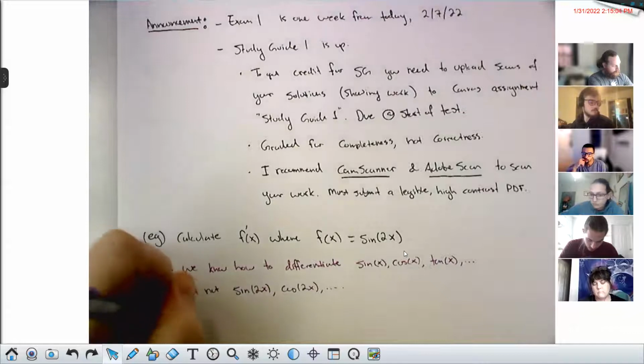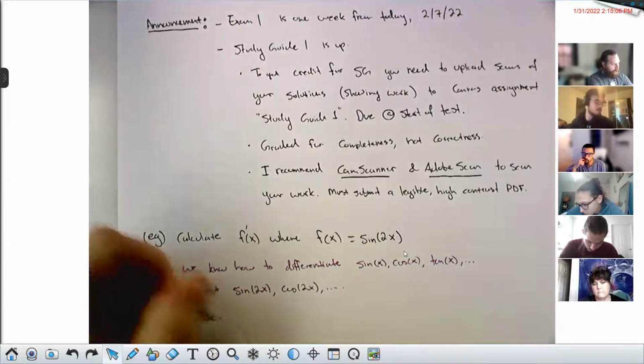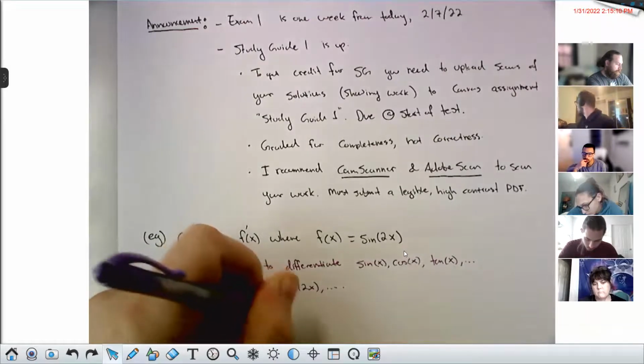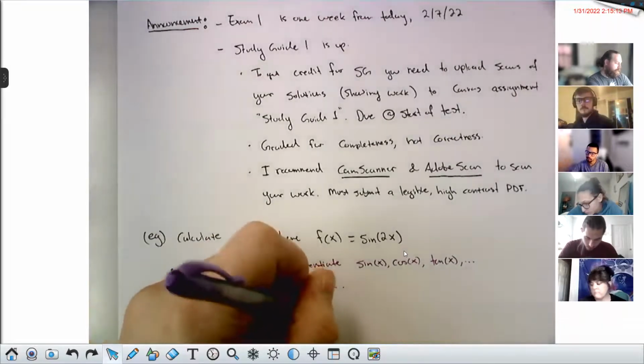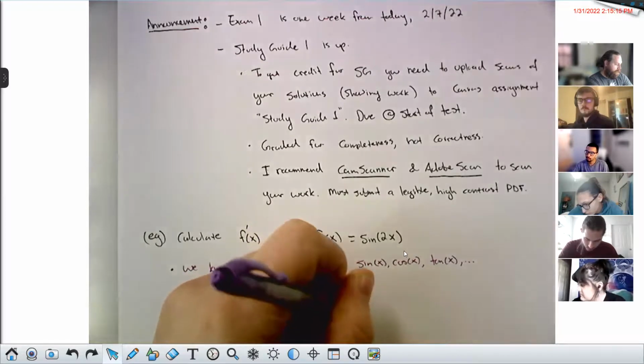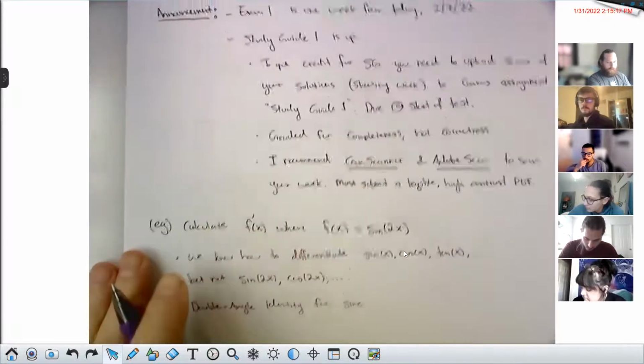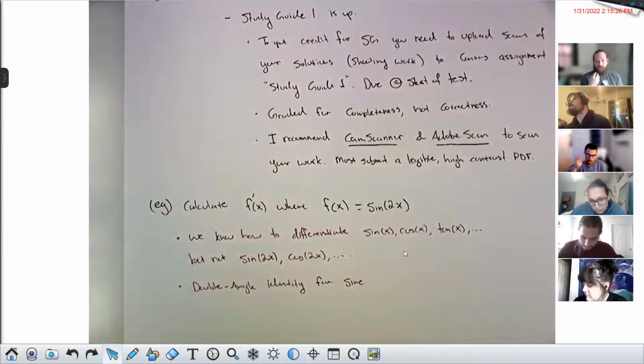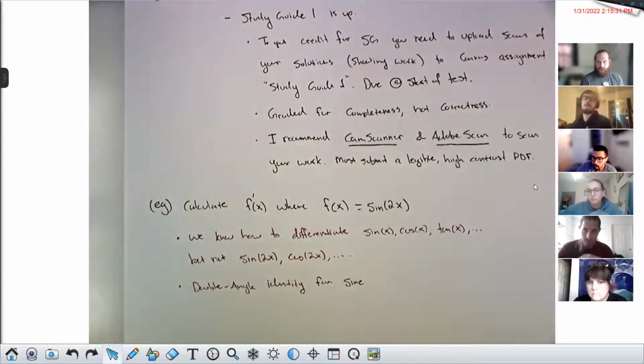But there's something called the double angle identity for the sine function. Does anybody know what the double angle identity for the sine function is? Who was my guy last week? I think it was Robbie who had the sum identities for sine and cosine right there on the top of your head.